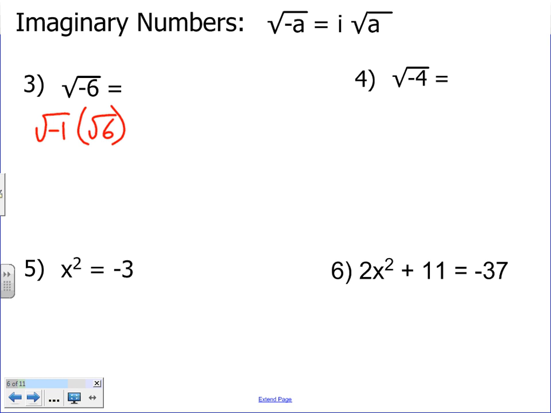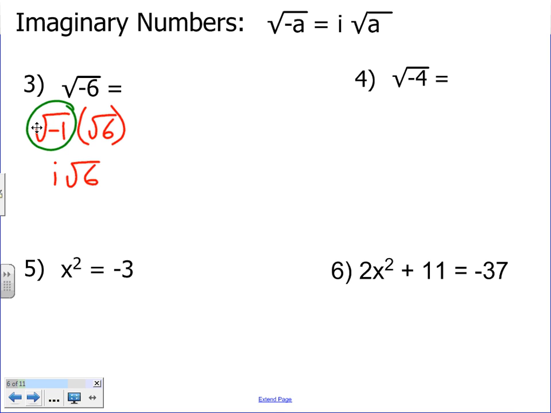Okay? And being that they're both square roots, we can separate them. So what is the square root of negative 1? That's simply I, and this is simply the square root of 6. That doesn't change. All we're really doing is taking that negative out, isolating it, and it turns into I.